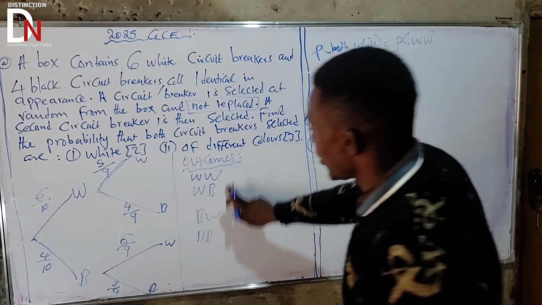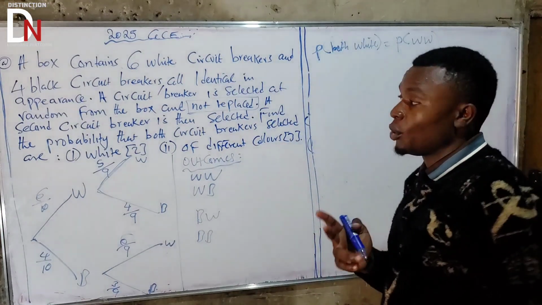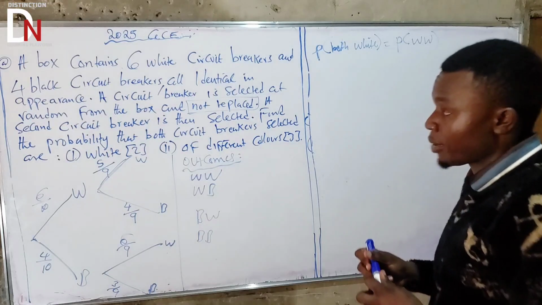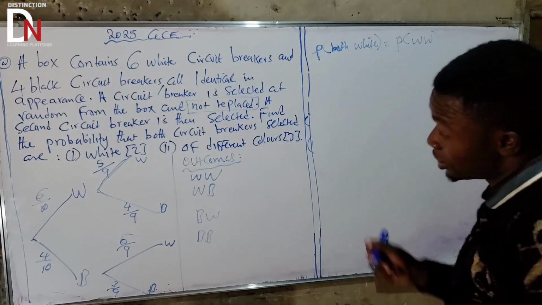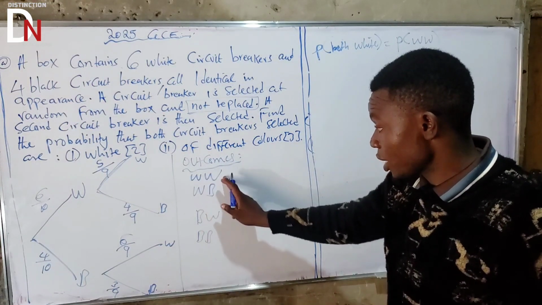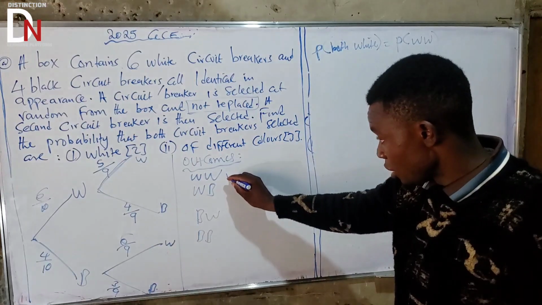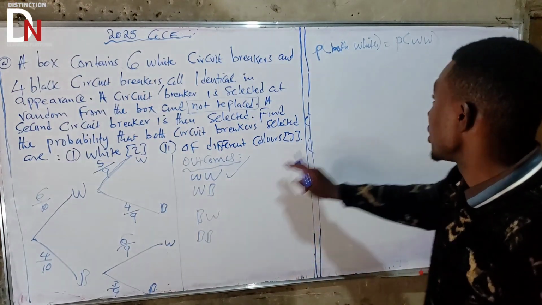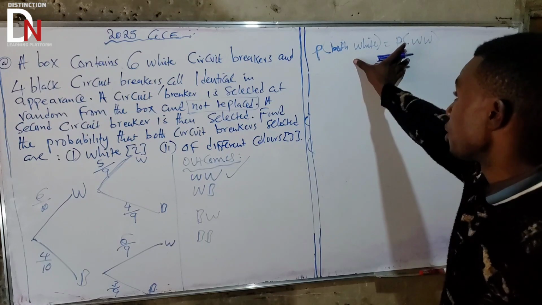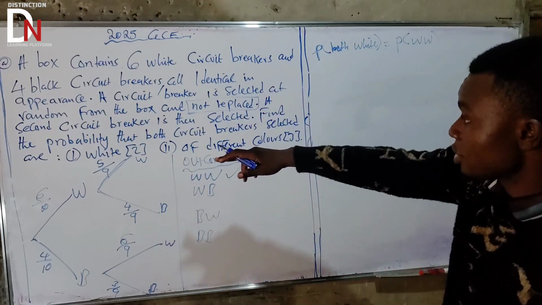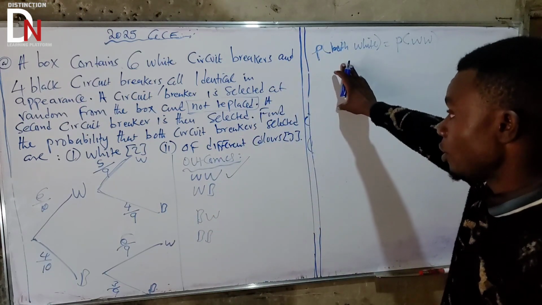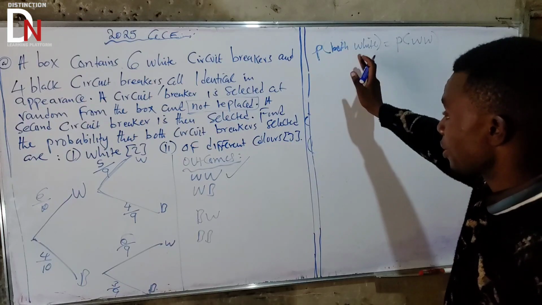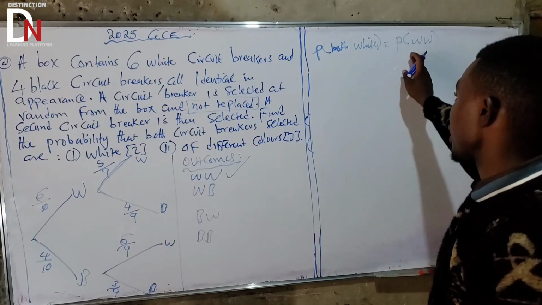I'll check on my outcome where both circuit breakers are white. So in this case, on my outcome, I have white, white, and this is the only outcome which is showing both white. So that's how you represent it. If they ask you to find the probability that both circuit breakers are white, you represent it like this.